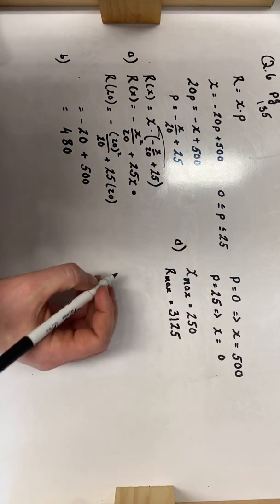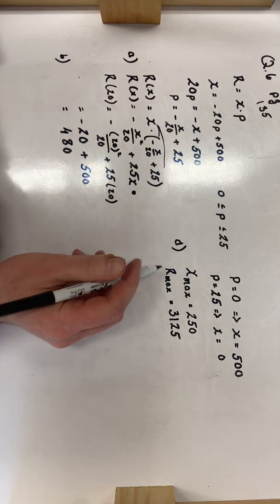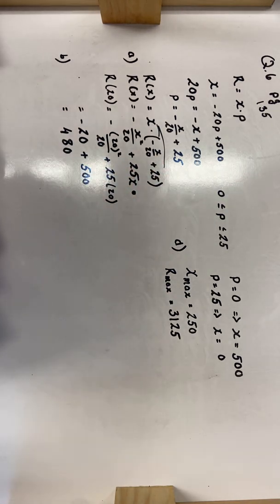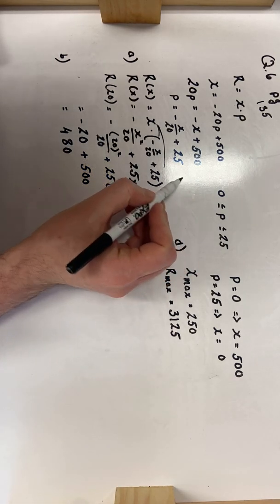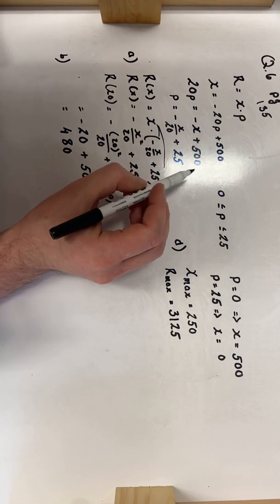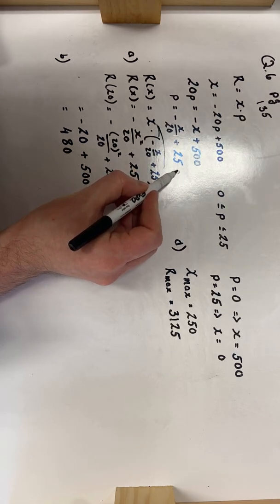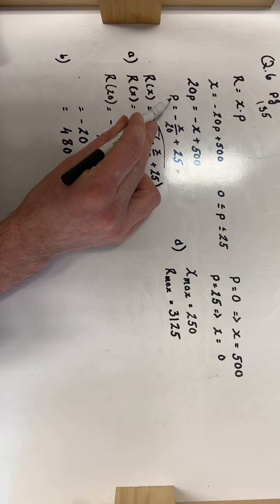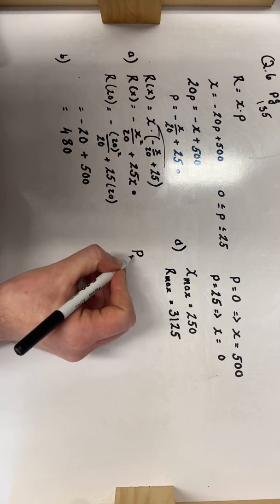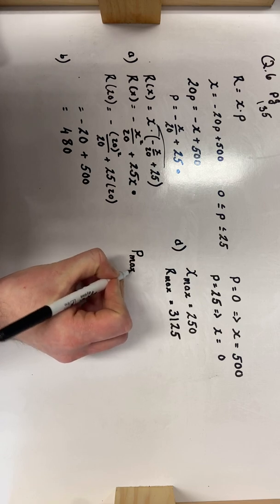Last part, part E, asks me to work out the price that I should charge to maximize revenue. So for that, I'm going to go back to my original equation, which is one of my first equations, this one right here will do. I want this price, so P max is going to occur at X max.